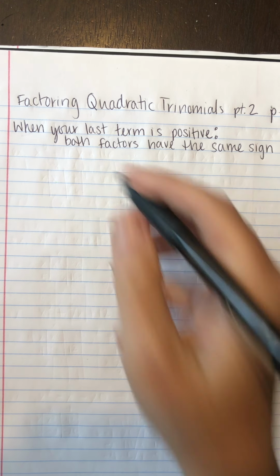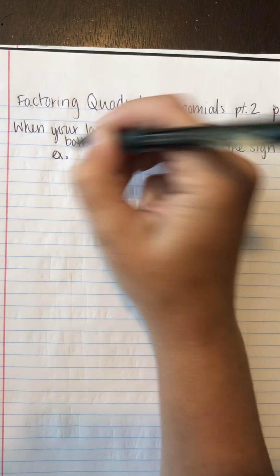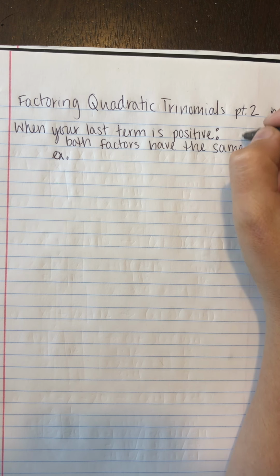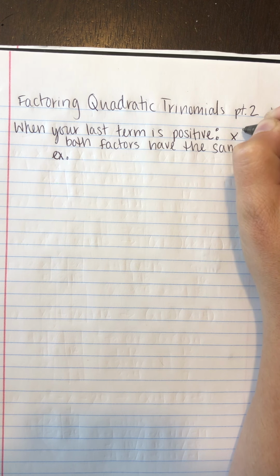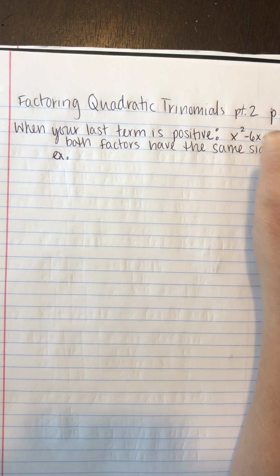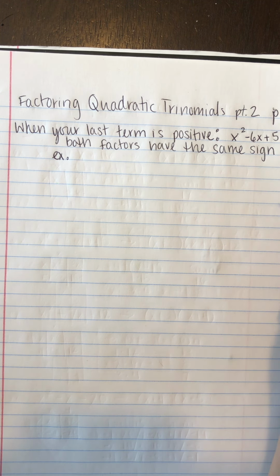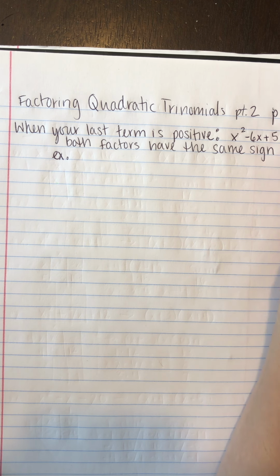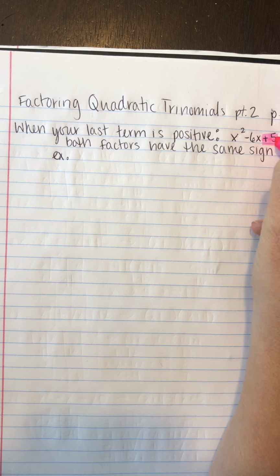All right, so what that means is if our last term is positive, so for instance, if we have something like x squared minus 6x plus 5. Okay, so we're looking really at our last term here. Our last term is plus 5, so we see it's a positive number.